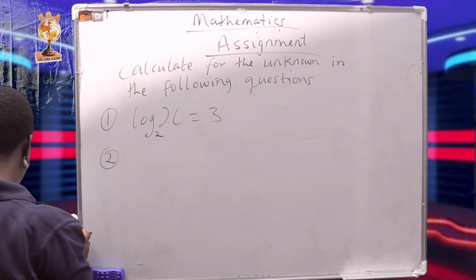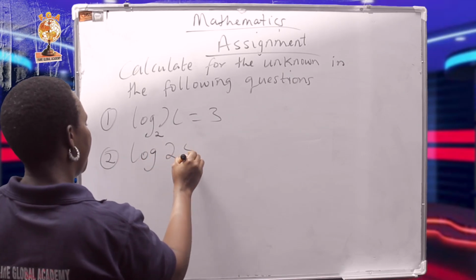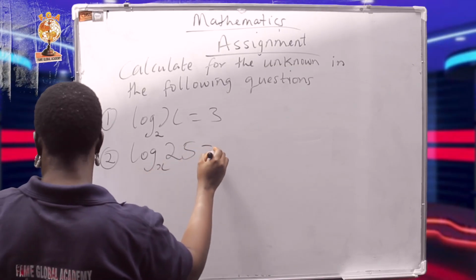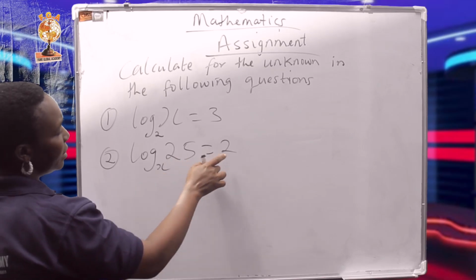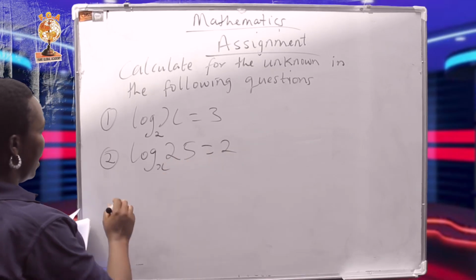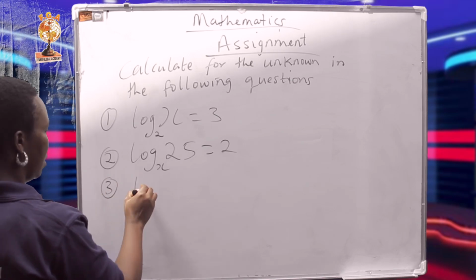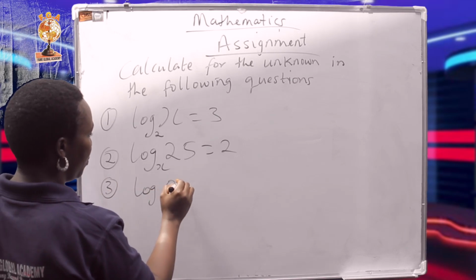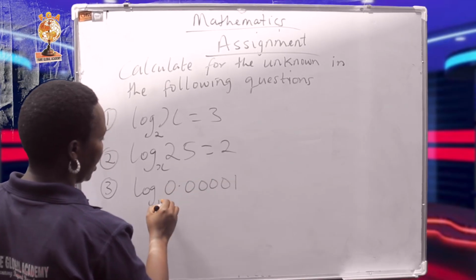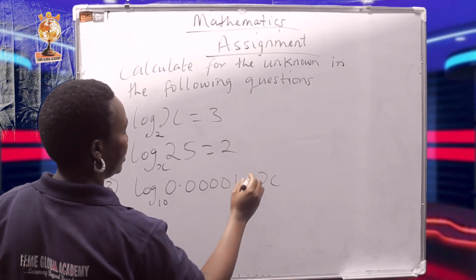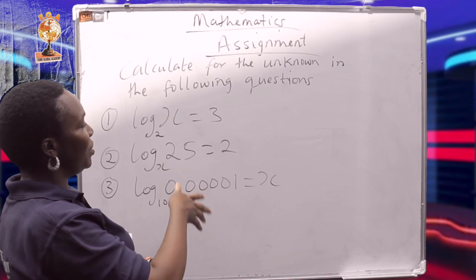Question 2 says log 25 base x is equal to 2. And lastly, question 3 says log 0.00001 base 10 is equal to x.